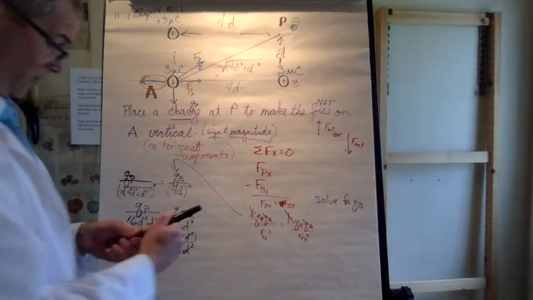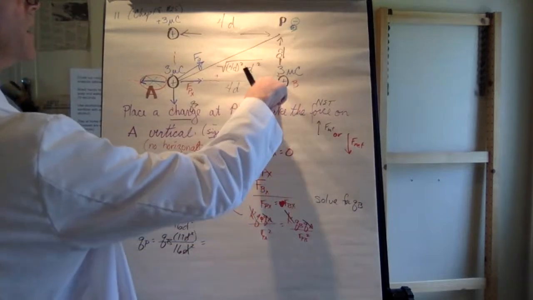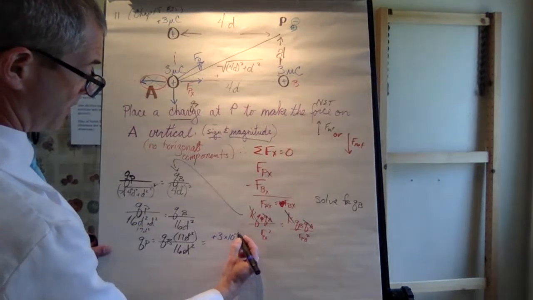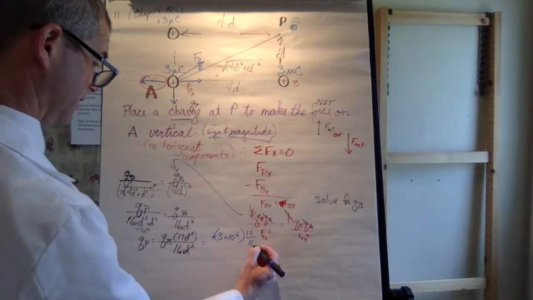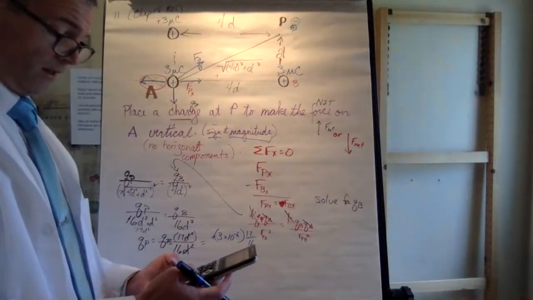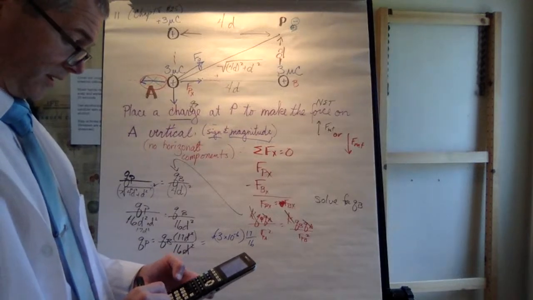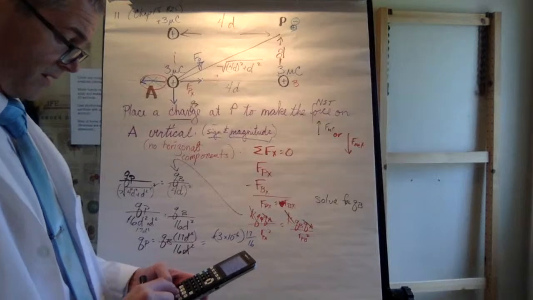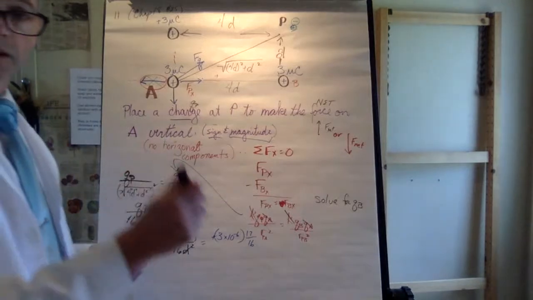Let me plug the numbers in for those of you who like that. So QB is plus 3 microcoulombs, 3 times 10 to the minus 6th, times 17 divided by 16 equals 3.18 times 10 to the minus 6th.